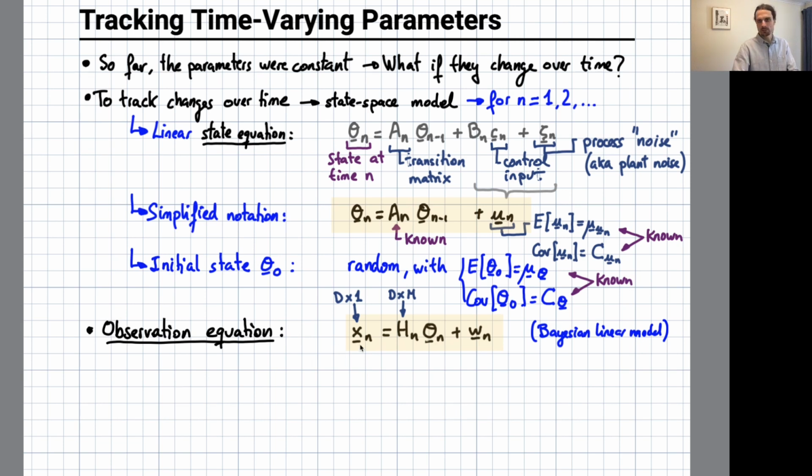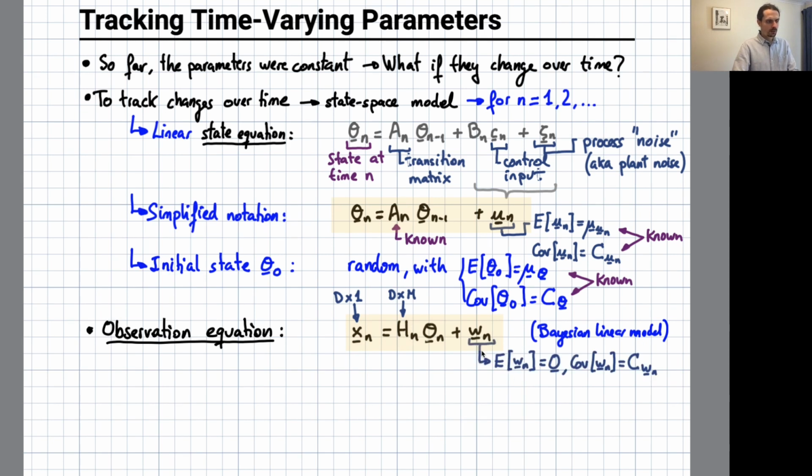And we will start by looking at the simplest case, which is when the observations are linear functions of the state corrupted by noise. Be aware here of the dimensions. We will use capital D to denote the number of entries of this observation vector. Okay, so the observation matrix has to be D by M.